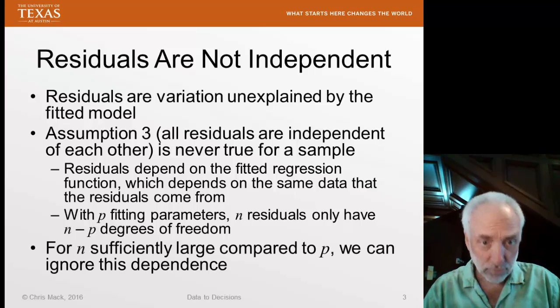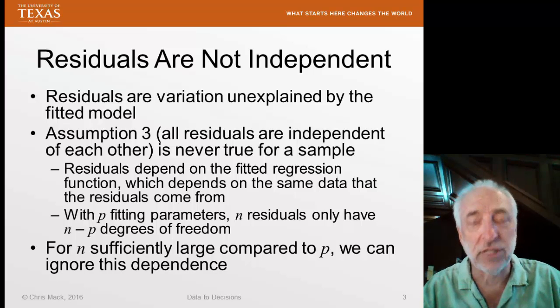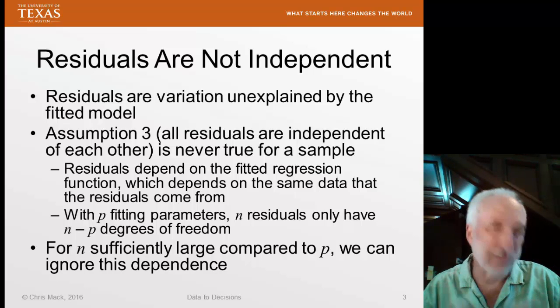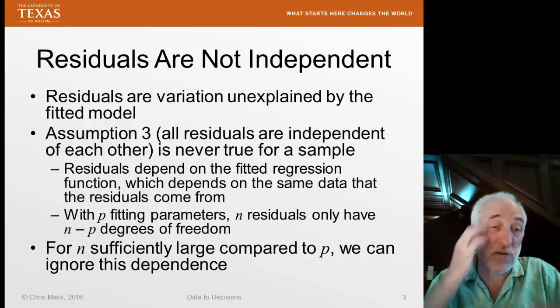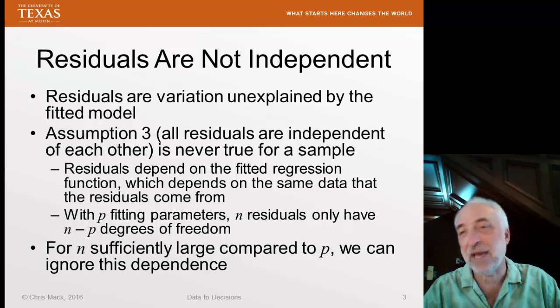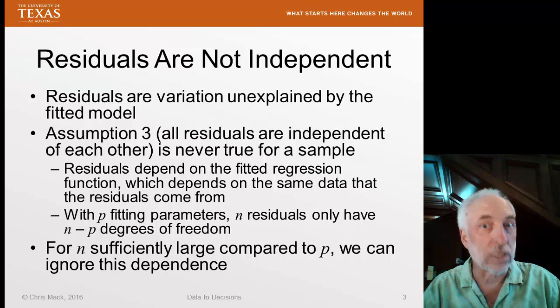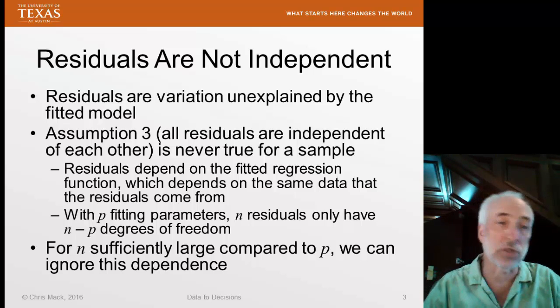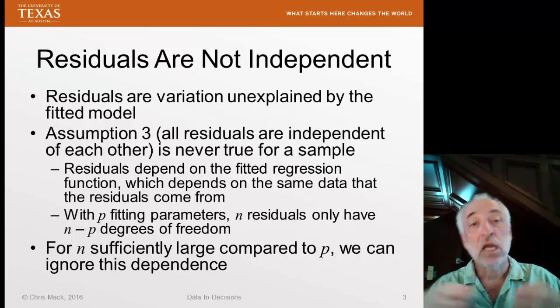Now that said, for n sufficiently large compared to p, we can kind of ignore this dependence. So if n is 100 and p is 3, well then the difference is not that big. And we can go ahead and assume that our residuals, or at least test the idea that our residuals are independent of each other.